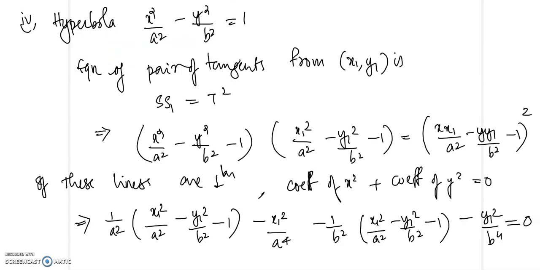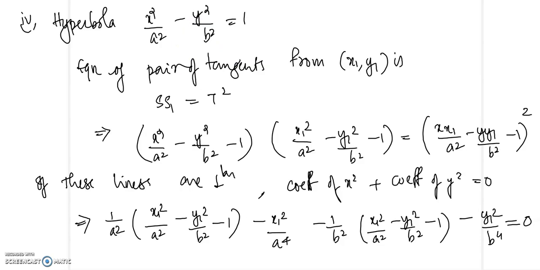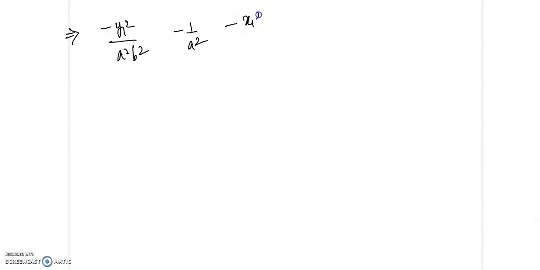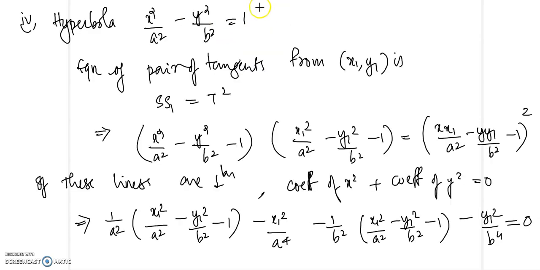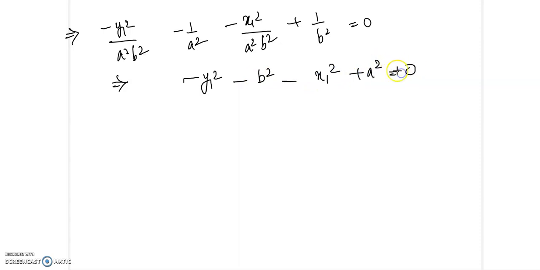So we will get minus y1 square by a square b square, then minus 1 by a square, then the next term minus x1 square by a square b square and plus 1 by b square equal to 0. So multiplying both by a square b square, so we are going to get minus y1 square minus b square minus x1 square plus a square equal to 0.